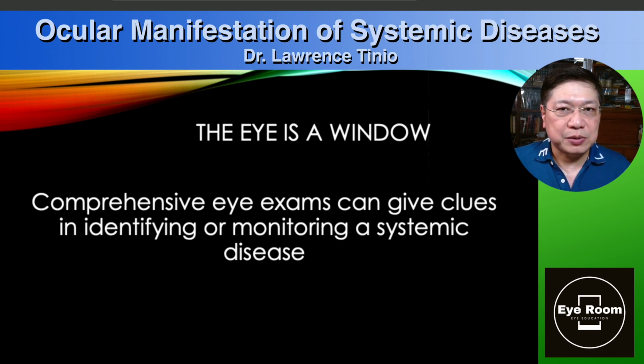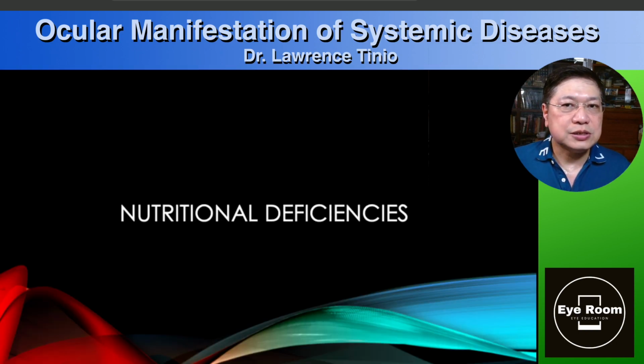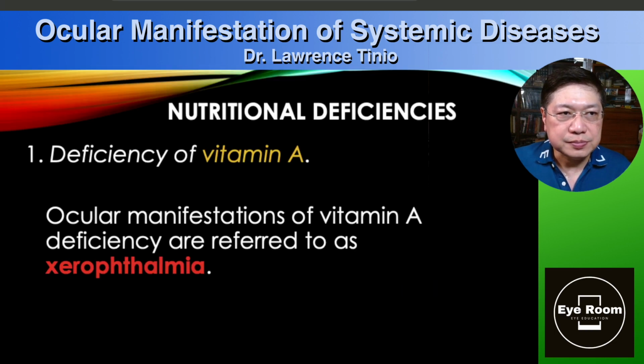It gives the examiner a clue whether the patient is already developing anemia. So let's start with something that is not usually discussed, which in this case is the nutritional deficiencies, problems in the patient's nutrition. So let's start with some of the basic.